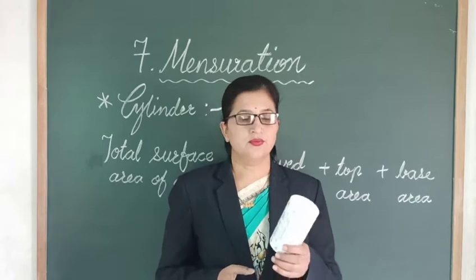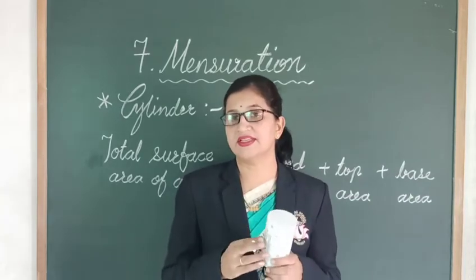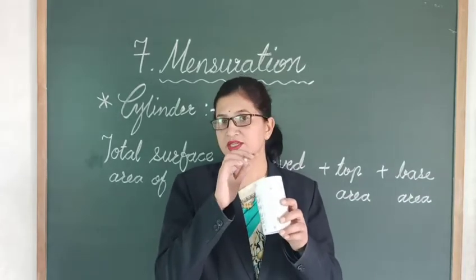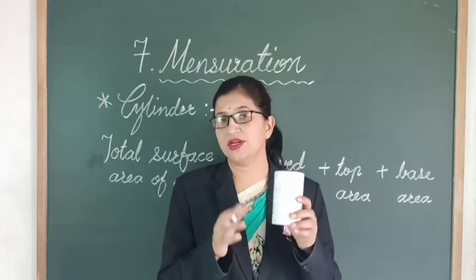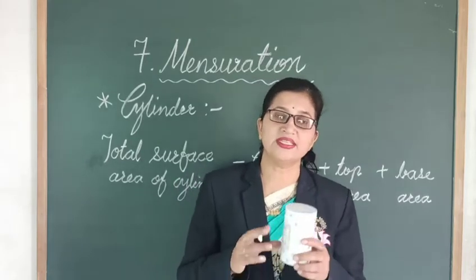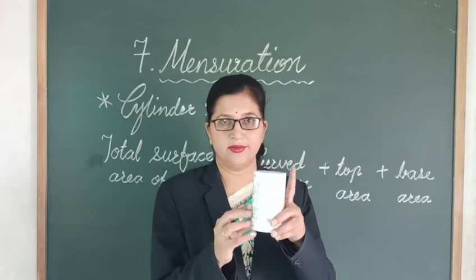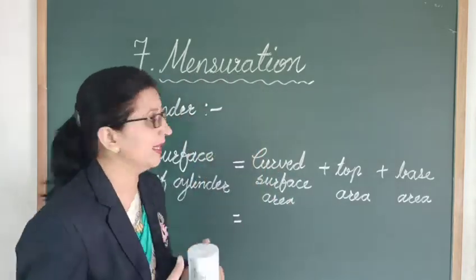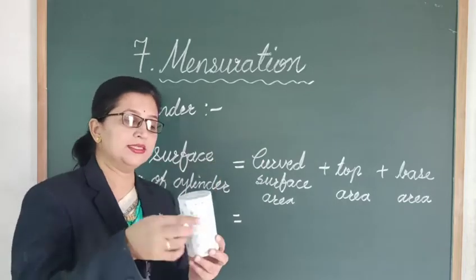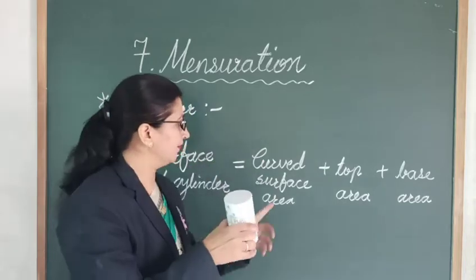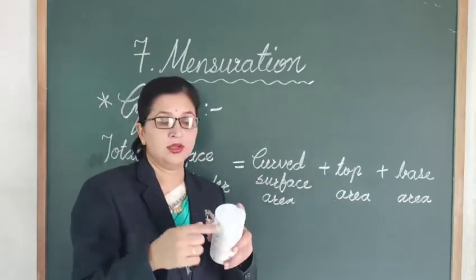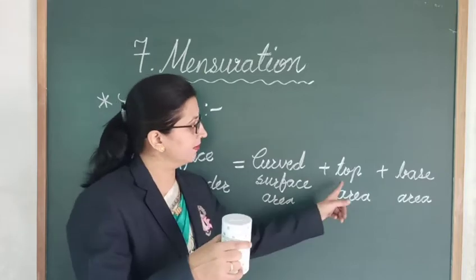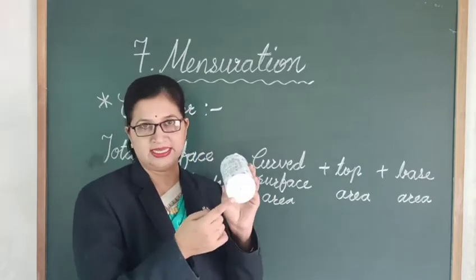Now here students, we have the curved surface area, and this top area and base. So let's find out the total surface area of this cylinder. Total surface area of this cylinder is equal to curved surface area plus top area plus base area.